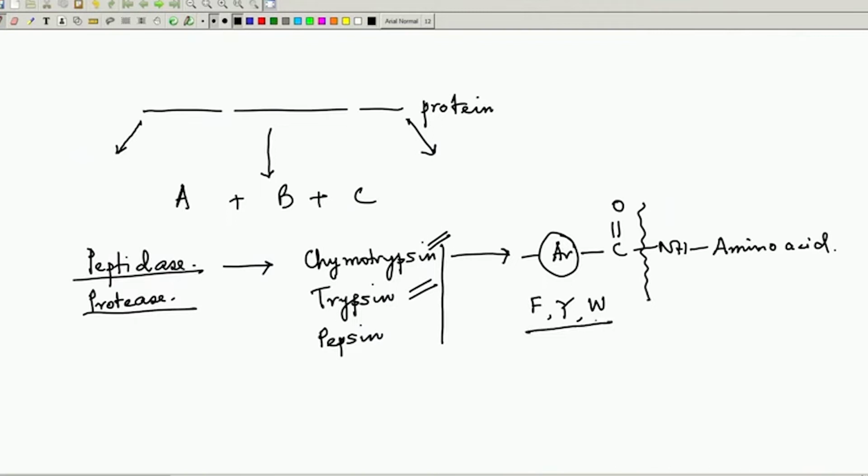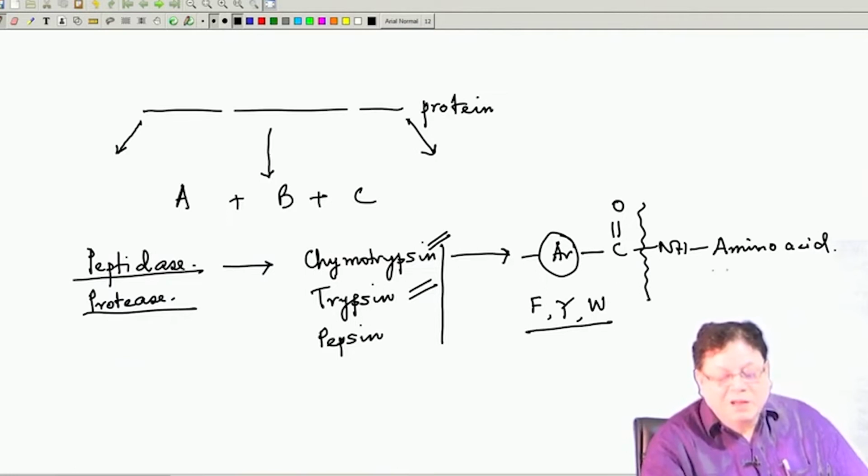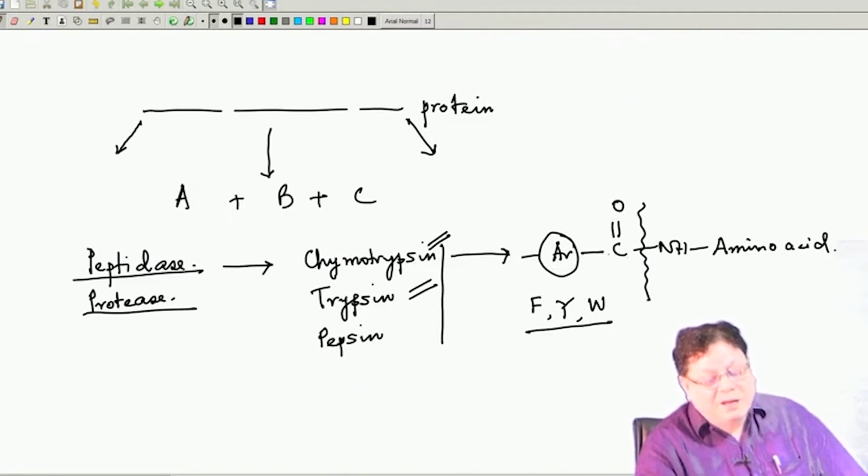If they are present, the peptide bond will be cleaved. But remember, this aromatic amino acid is attached by 2 peptide bonds, one on the N terminus side and another in the direction of the C terminus. It breaks the peptide bond involving the aromatic amino acid at the carboxyl end.